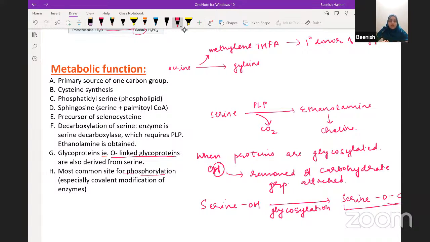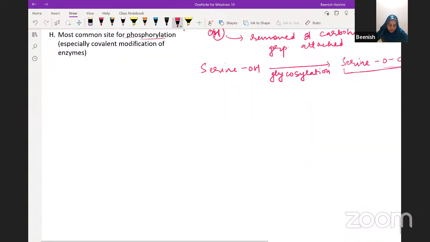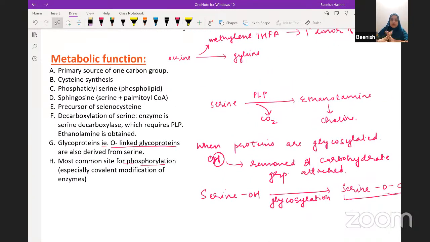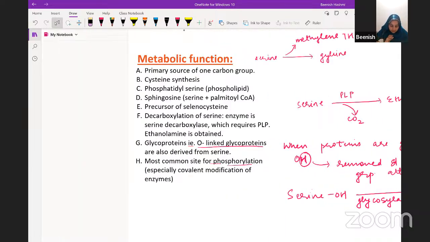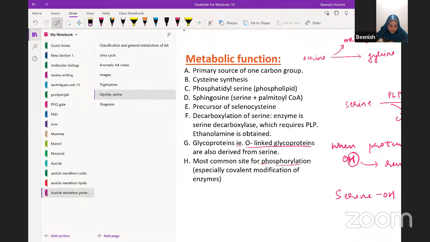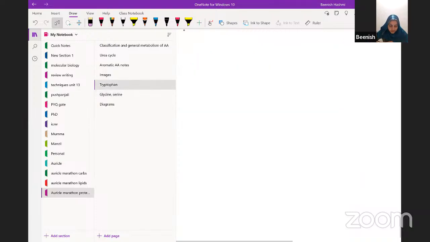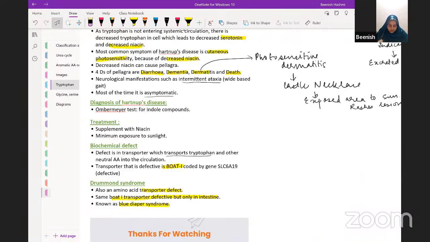With this, we come to the end of our class for today. We've covered tryptophan, glycine, and serine. We covered phenylalanine and tyrosine in the previous class, and we're done with the urea cycle.